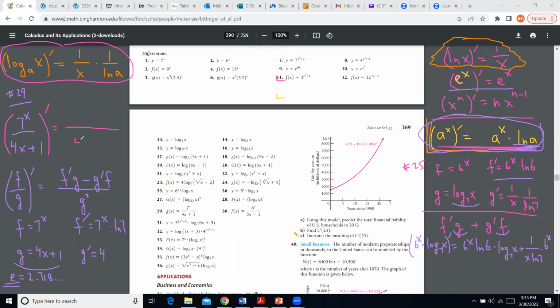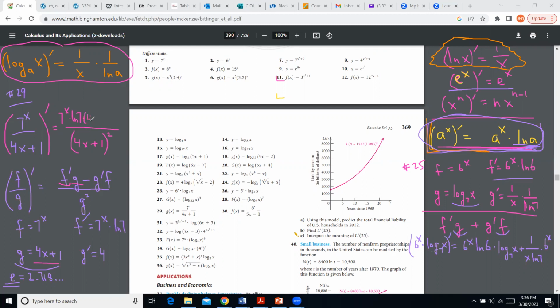So it's time to write the derivative of that quotient using the formula down below. In the formula, my denominator must be squared, so I can just copy this and square. And now these little ingredients come into play. F prime, well, that's 7 to the power of x times ln 7. Then we multiply it by g, and that's my 4x plus 1.